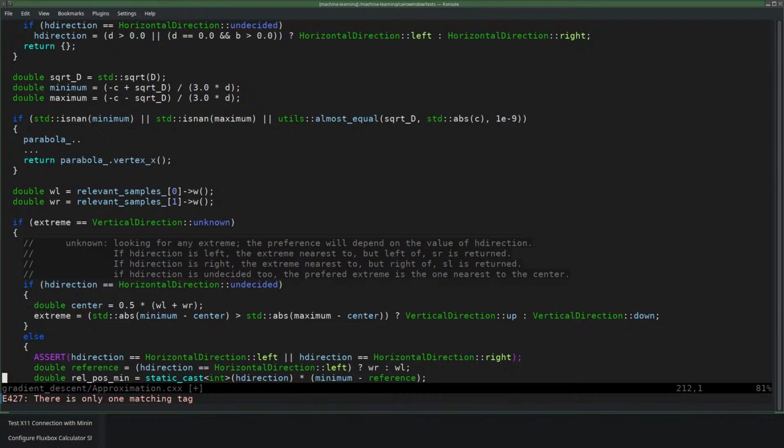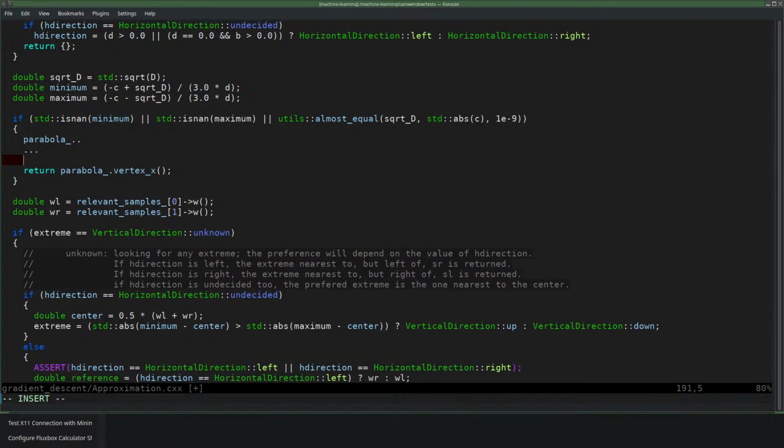Let's go backwards. So I was already doing it backwards. If we return something, it must be the vertex. That also means that I can assign the extreme. That is then either up or down, depending on if this is a minimum or a maximum.